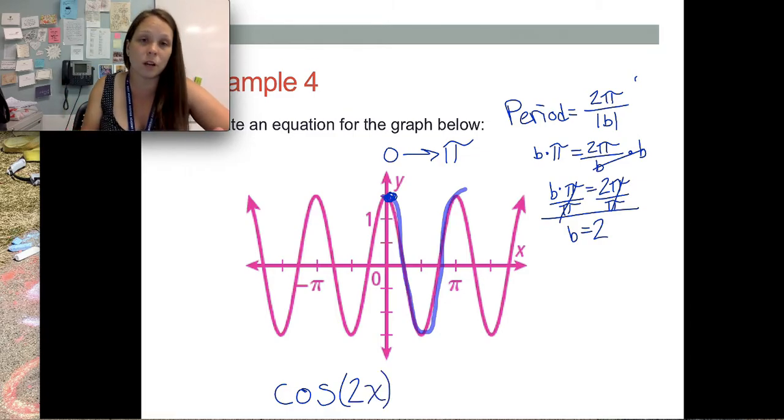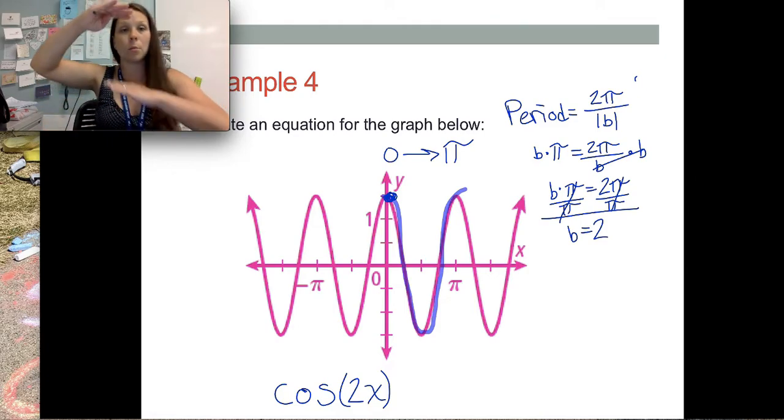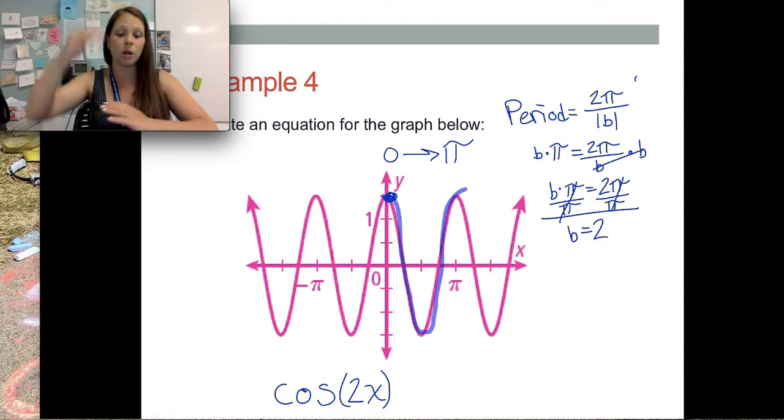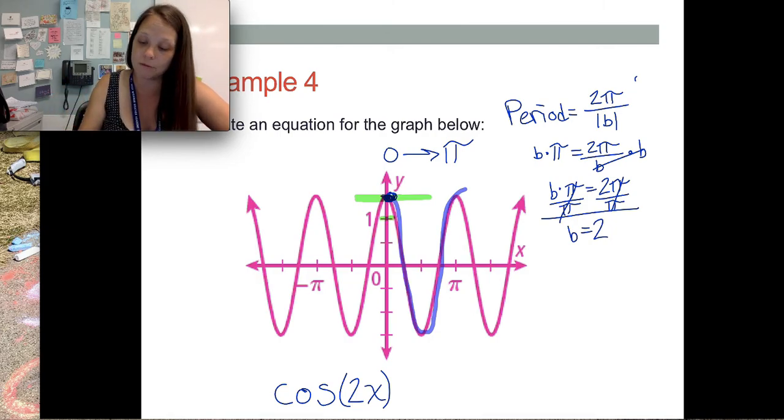After that, I need to figure out, okay, what is my amplitude? Amplitude is looking at kind of like our boundaries, right? These numbers that we're kind of ping-ponging in between. This is crossing the y-axis at negative 1.5 because this is negative 1, so another tick mark would be 1.5, to positive 1.5.